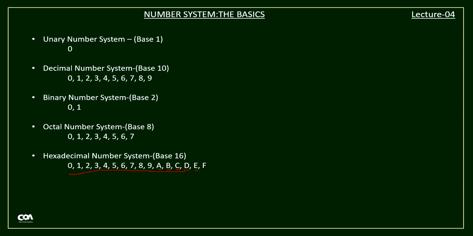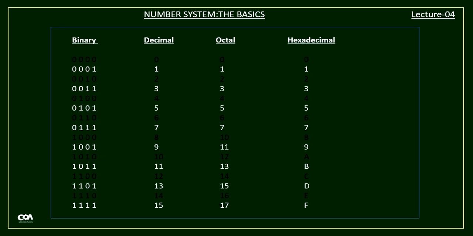Let's have a look at this list. In this list, the numbers from 0 to 15 are represented in the different types of number systems: binary, decimal, octal and hexadecimal.